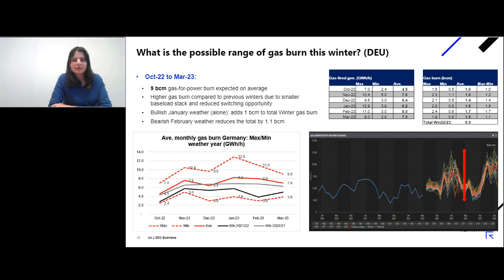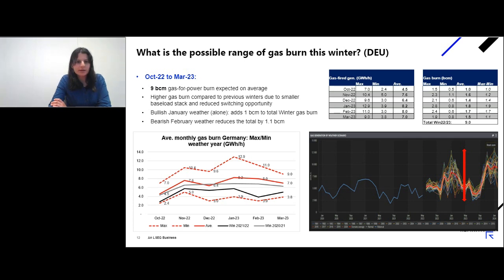And if we want to look into what the specific weather years say and how much of a range around these averages they give us, we see the following. First of all, our forecast for this winter, here in the red line, is higher than in the previous 2 winters.